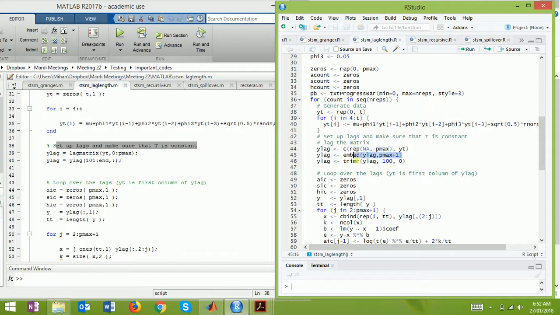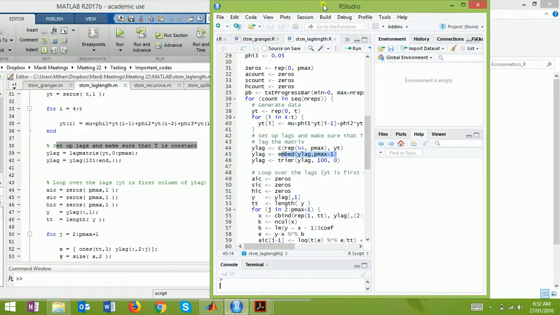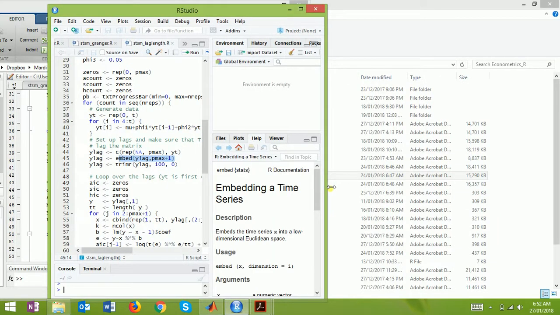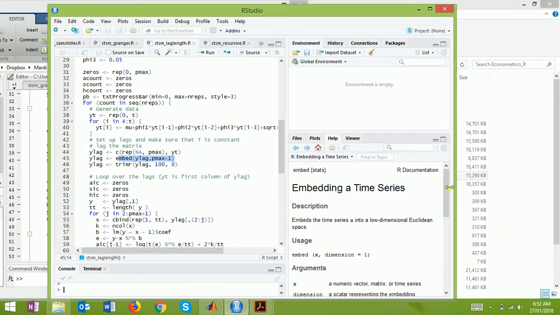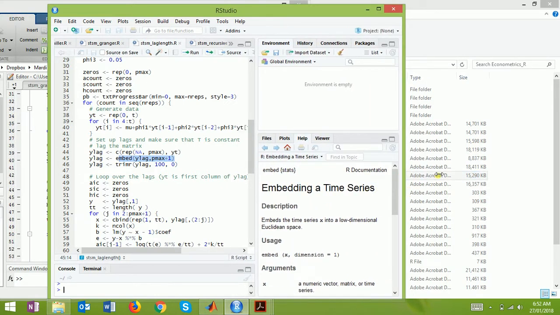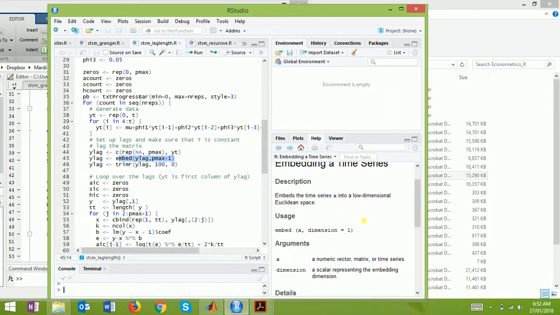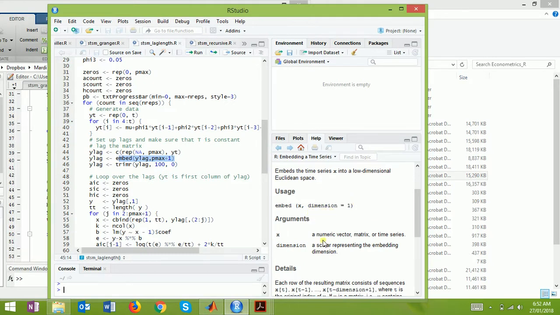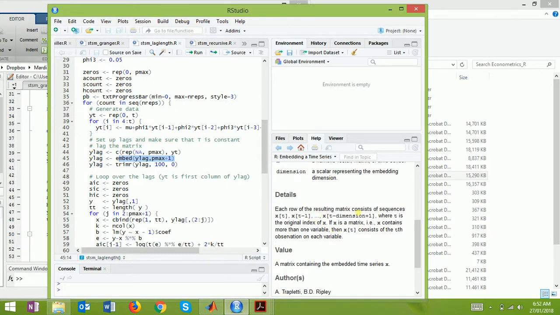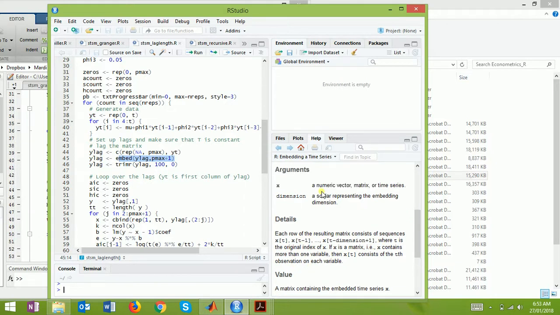Embed y lag p max plus 1, so something called embed. Let's see what embed is. Embedding a time series embeds the time series x into low dimensional Euclidean space. Each row of the resulting matrix consists of a sequence xt, xt minus 1, up to xt minus dimension plus 1, where t is the original index of x.